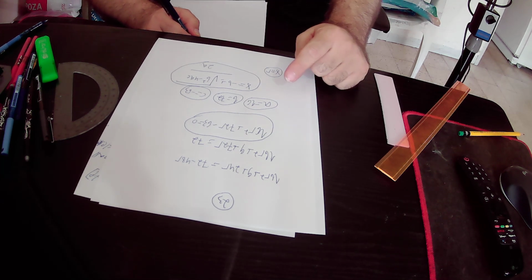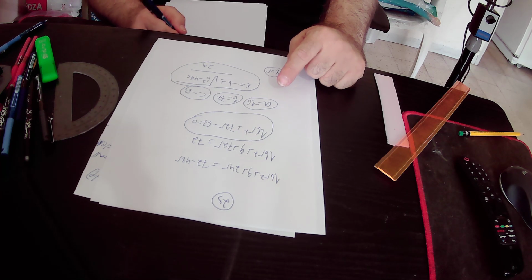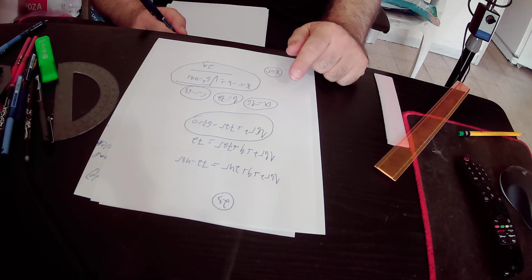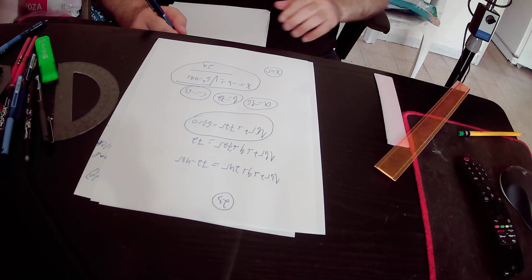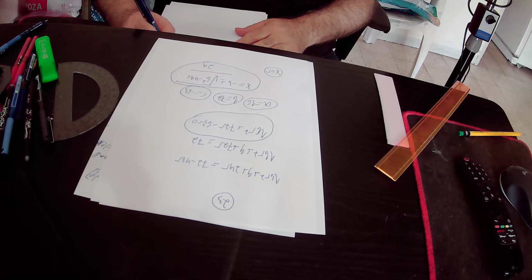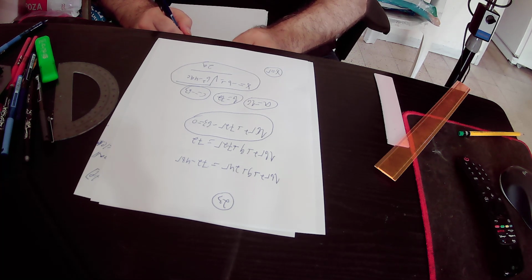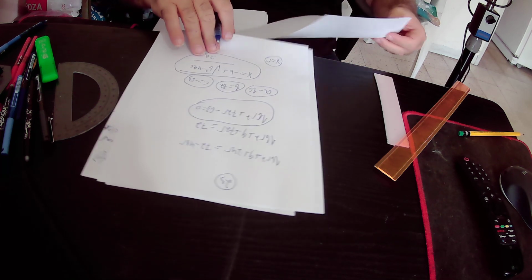Minus 4 times 16 is minus 64, and minus 64 times minus 63 is plus 4,032, all divided by 2a. a is 16, so 2a is 32.